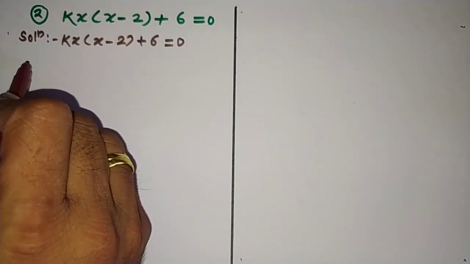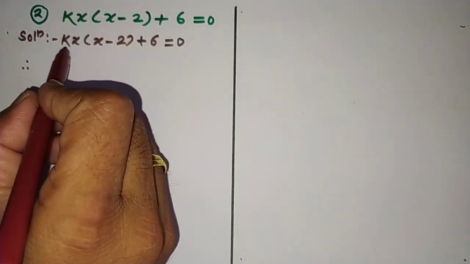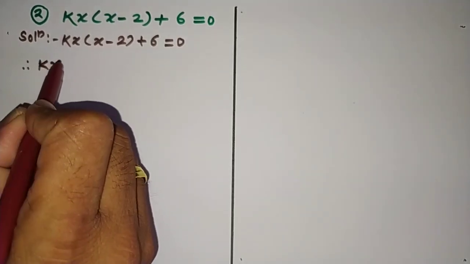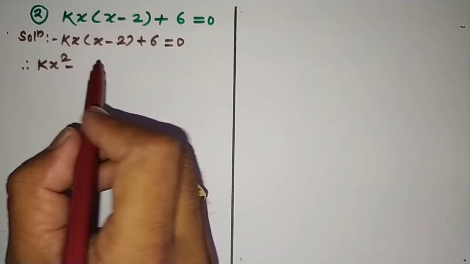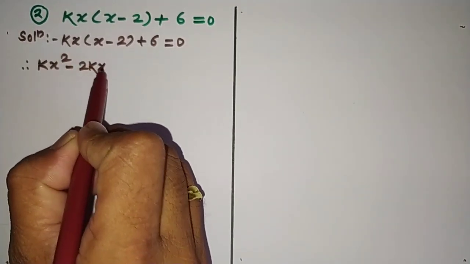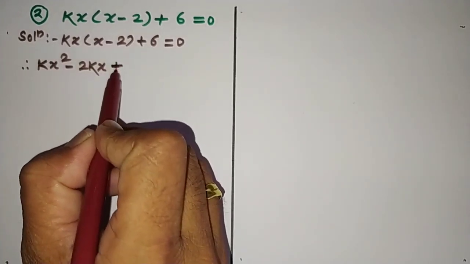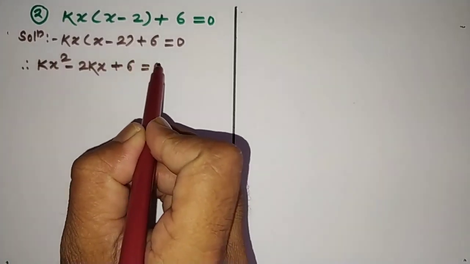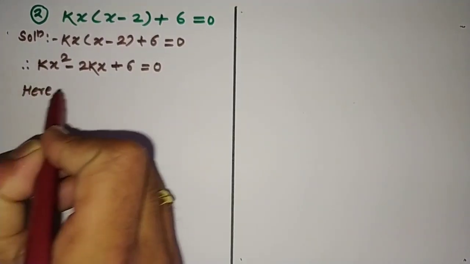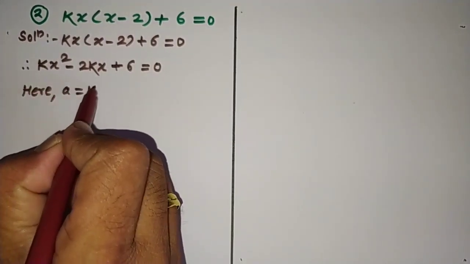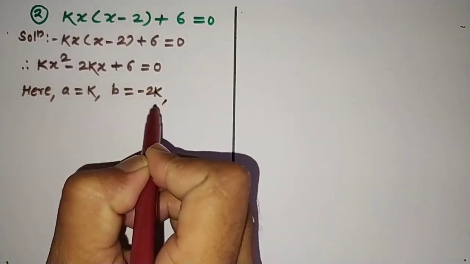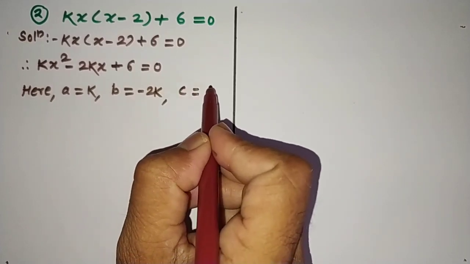This equation write in the standard form. Multiply k into bracket: kx into x is kx square minus kx into 2 is 2kx plus 6 is equal to 0. Here a is equal to k, b is equal to minus 2k and c is equal to 6.